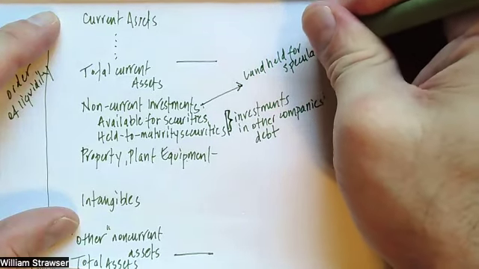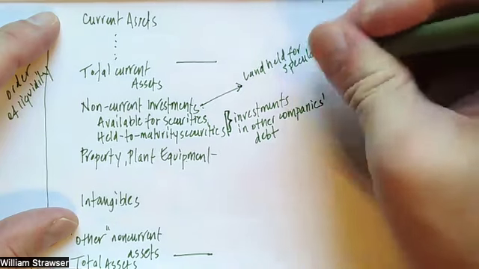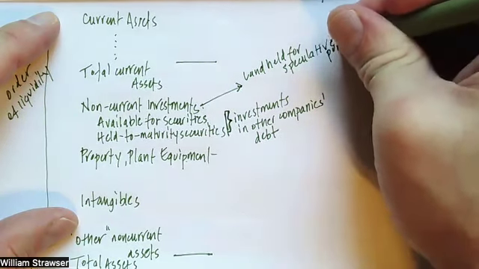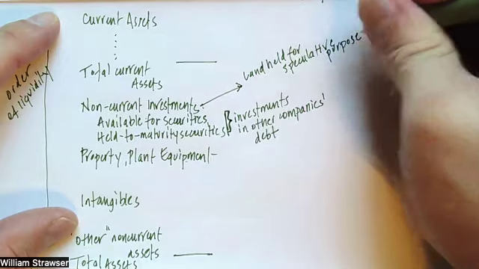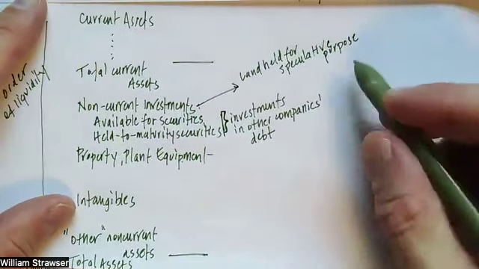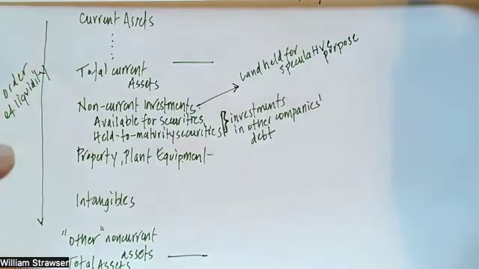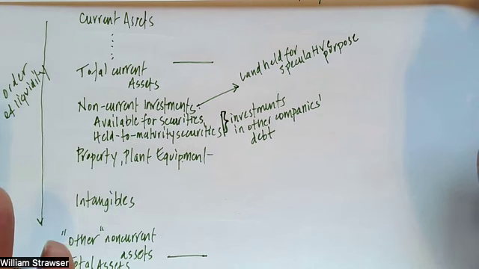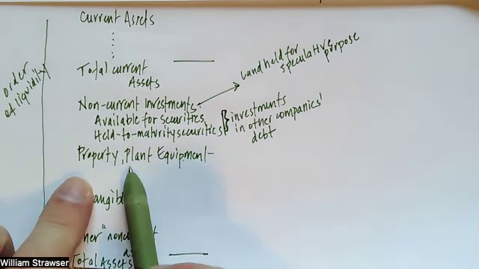When we talk about speculative purpose in a business setting, we're basically saying that if we're speculating, then we have an eye on the value of this asset. We bought this land not to use it, because then it would be property, plant, and equipment.